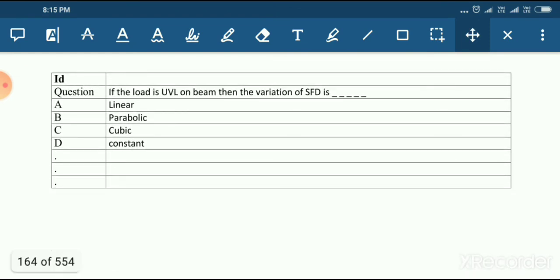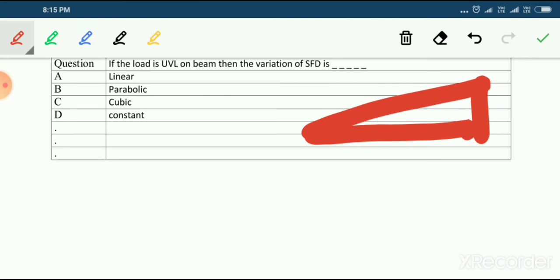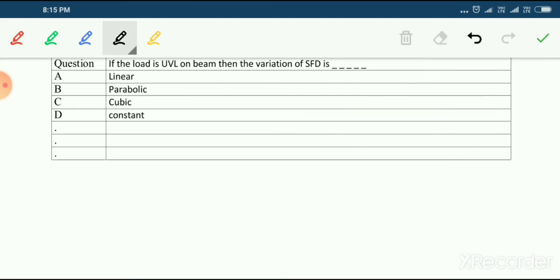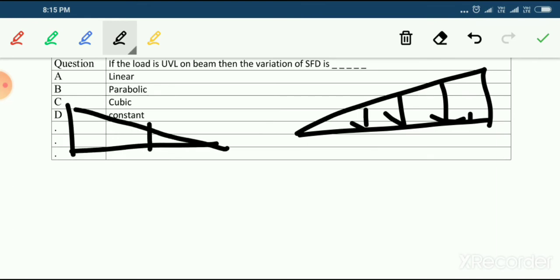If the load is UVL on the beam, then the variation of SFD. For this one also, you should know the SFD and BMD diagrams. This is called uniformly varying load. So it may be like that, or it may be like that.